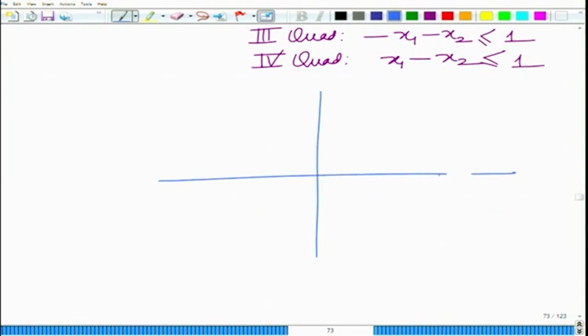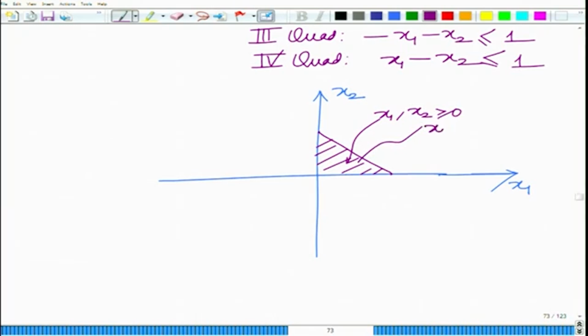You plot the L1 norm ball, and what you will observe is that the first quadrant corresponds to x1 plus x2 less than or equal to 1, which is basically this region: x1, x2 greater than or equal to 0 and x1 plus x2 less than or equal to 1.